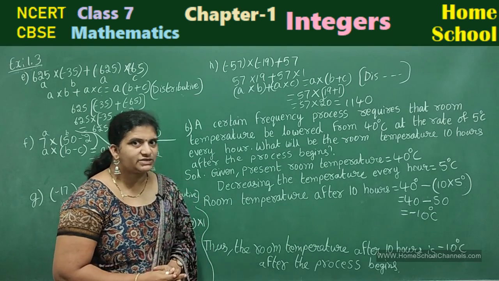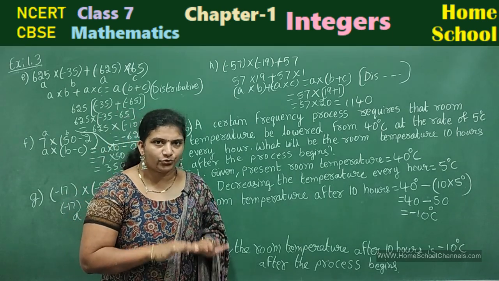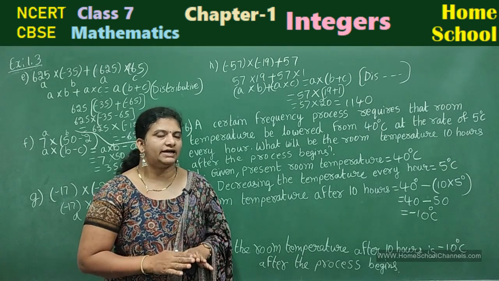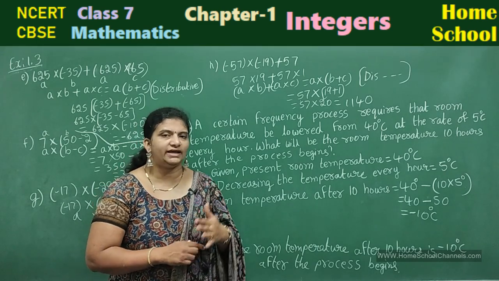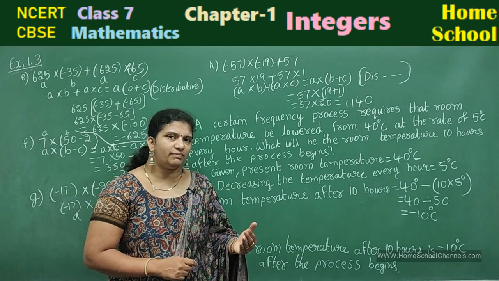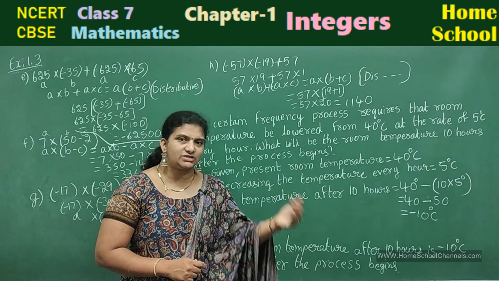Let me repeat this question. Don't be confused. Now, present temperature in the room is 40 degrees centigrade. So, process is started. What process? Every hour, you need to reduce 5 degrees centigrade. So, first hour, 40 minus 5 will be 35. Next 30. Next 25. Next 20.